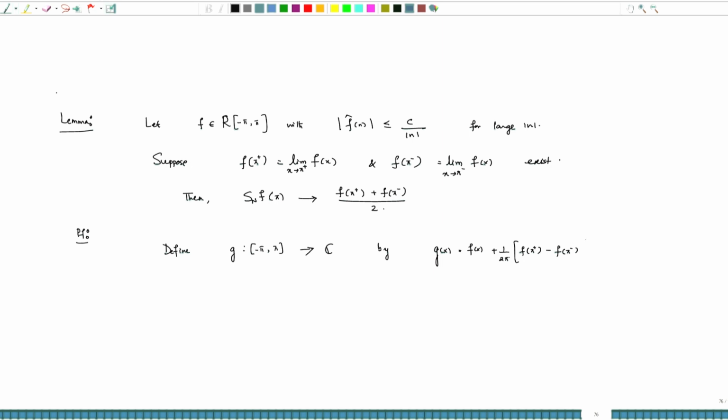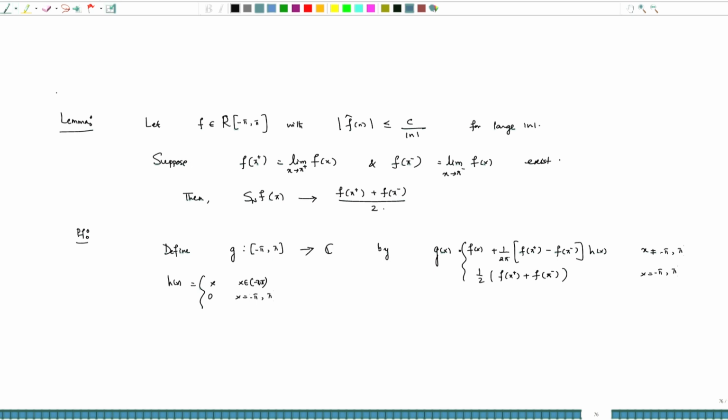Remember that these two quantities exist, and then I multiply that with the sawtooth function when x is not equal to minus pi to pi, which is equal to the average. So, what is h of x? H of x is equal to x if x belongs to minus pi to pi, and 0 at the endpoints. That is the 2 pi periodic sawtooth function.